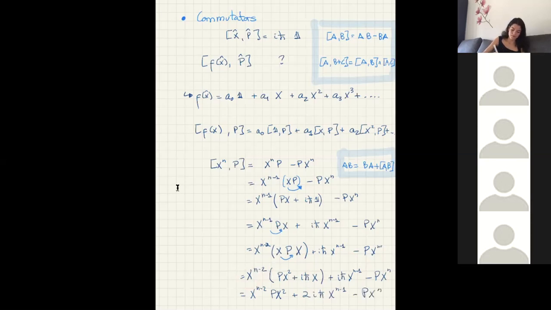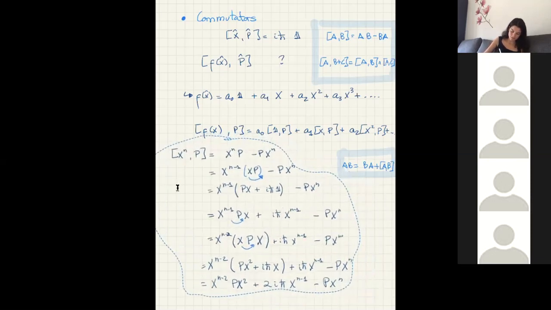And I think by now you believe me that if we do this enough times, iteratively, we'll end up here with px^n, if we move all the x's to the other side, plus niℏ x^(n-1) minus px^n.